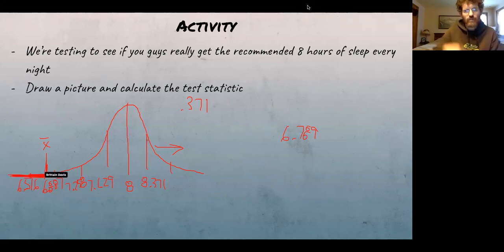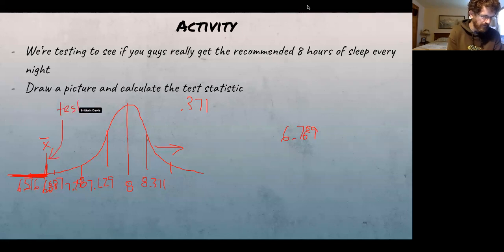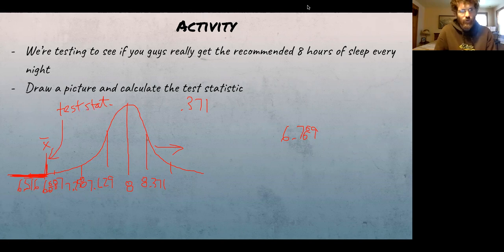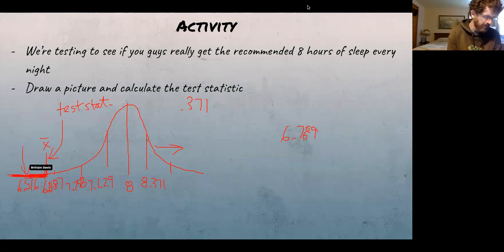And going back just to restate conceptually what's happening, we're going to convert this into essentially a z-score right here. So this z-score, when we convert it, is our test statistic. So that's going to involve some transforming of the data. And then we're going to calculate this area right here, which is our p-value.